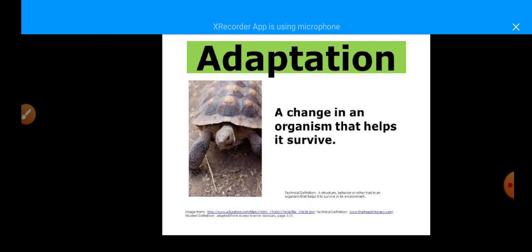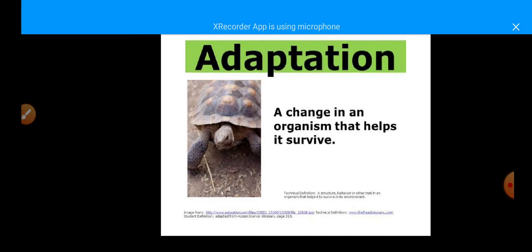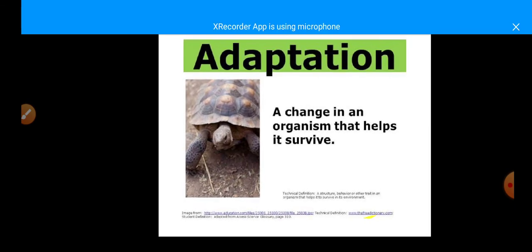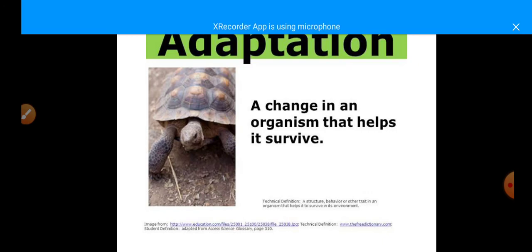Finally, adaptation. Living things are able to adapt to their environment for the purpose of surviving. You understand? Whenever there's a change in our environment, we are able to adapt.